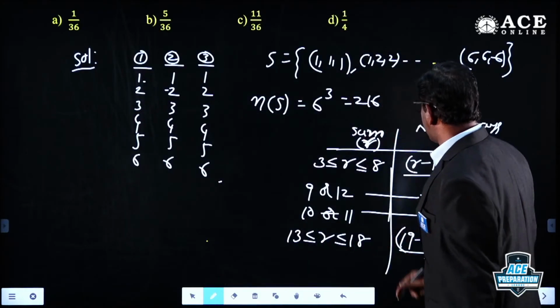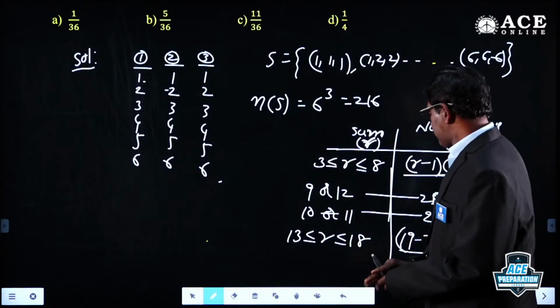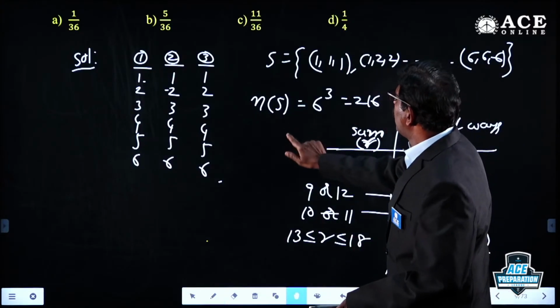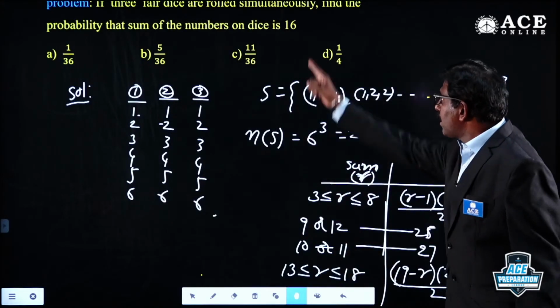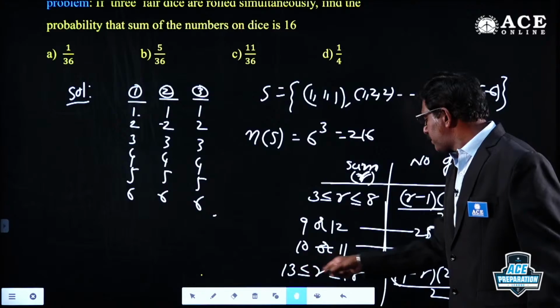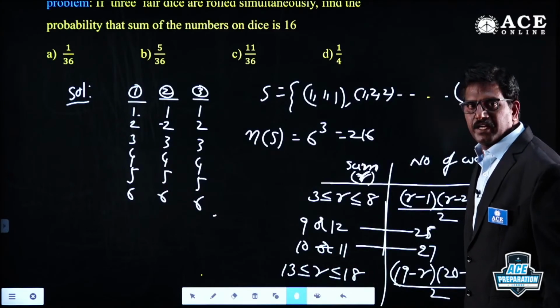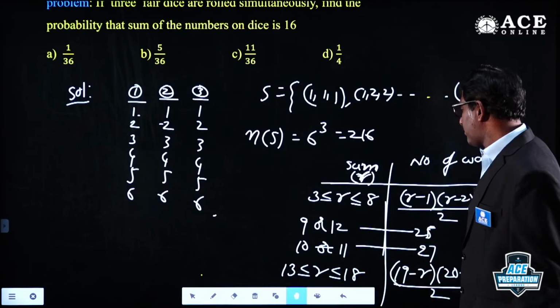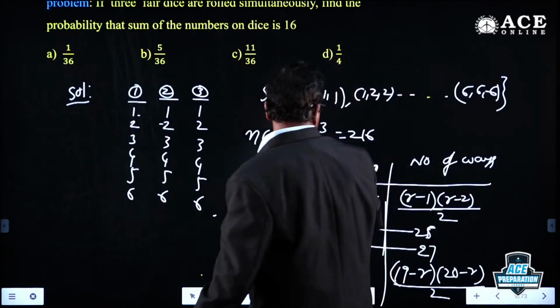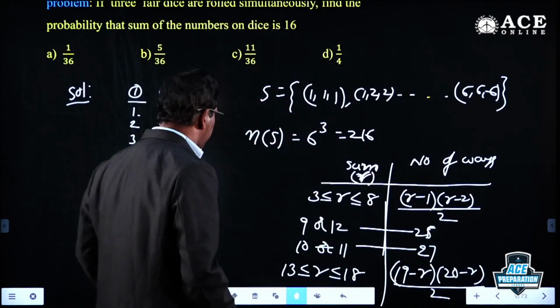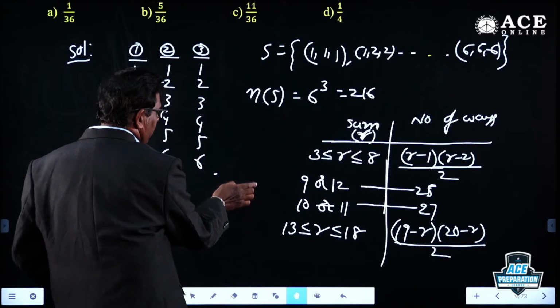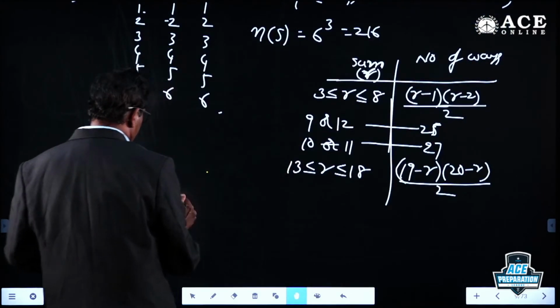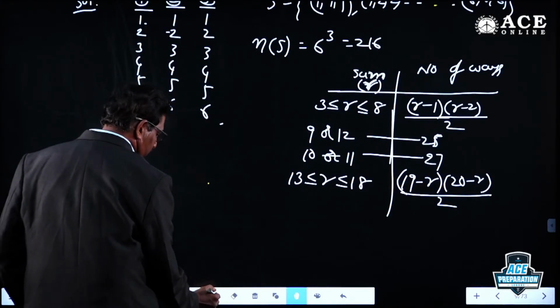Now, what is required here? Sum 16, so r is equal to 16. r equal to 16 lies between 13 and 18, so we use the formula (19 minus r) into (20 minus r) by 2.